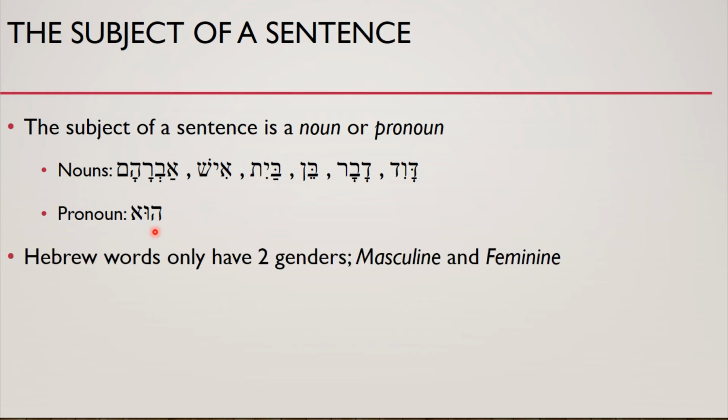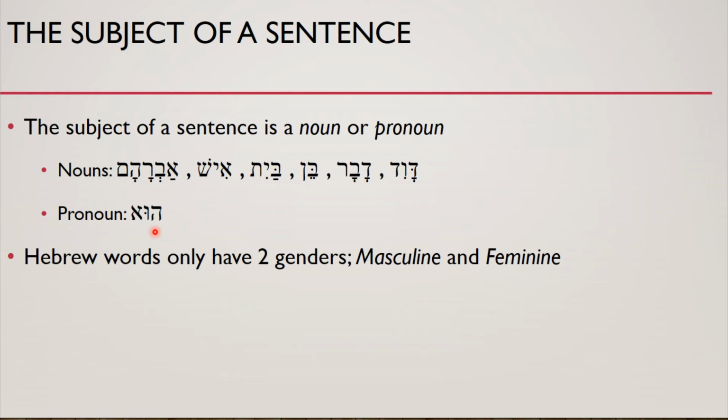Also, this is another side note. I've begun several of these this video, but as a side note, Hebrew words only have two genders. You have masculine and feminine. In English, most words are not gendered. I actually think in English, the way it functions is it's not gendered language at all.